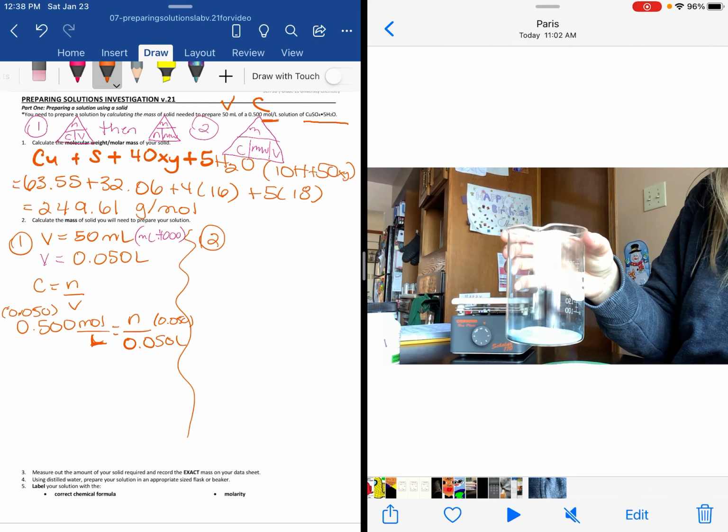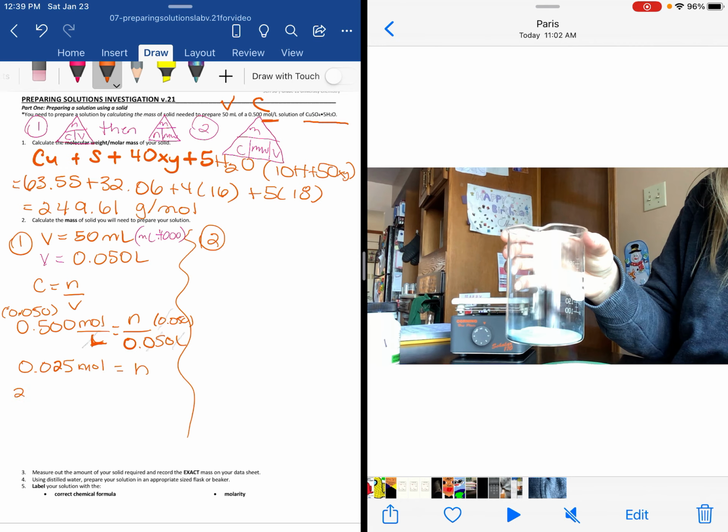And when you multiply, the liters are going to cancel. You're left with moles. Okay, so that certainly is one way to do it. So 0.05 times 0.5 is 0.025 moles.